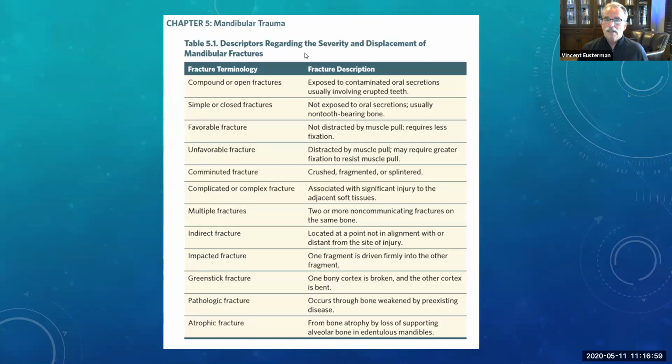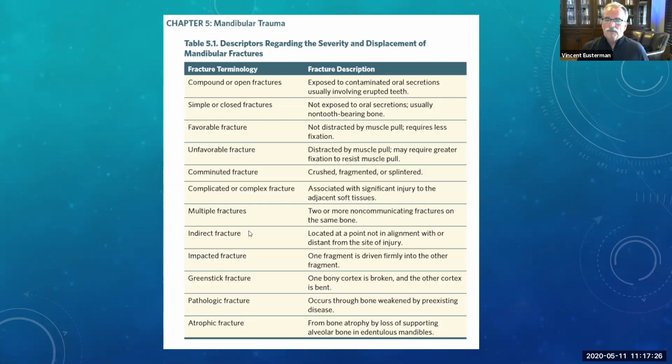The terminology for any bone fracture, but specifically the mandible, can be used here in this table in chapter 5 regarding compound and open. Anytime erupted teeth are involved, it's considered an open fracture. Simple fractures are not exposed to oral secretions, and they usually do not involve tooth-bearing areas.